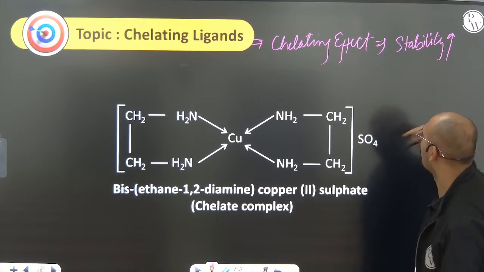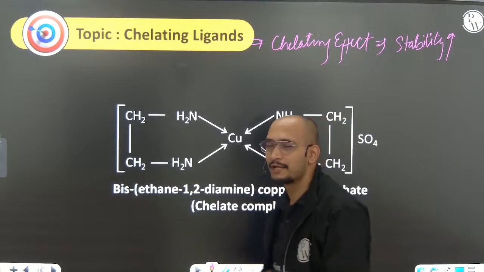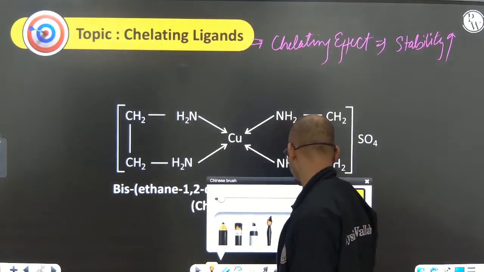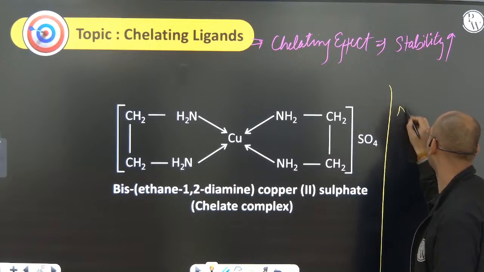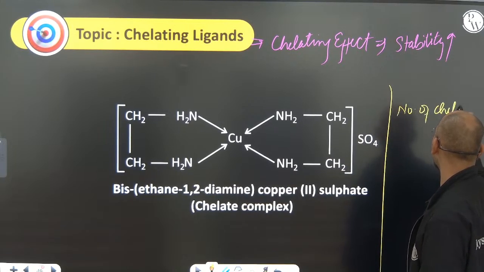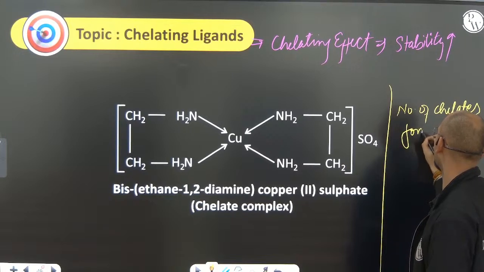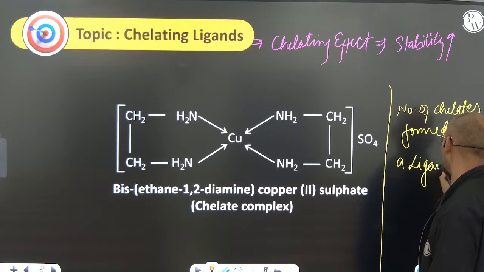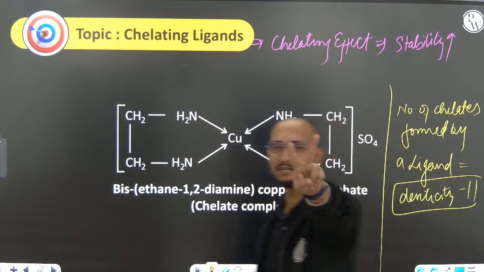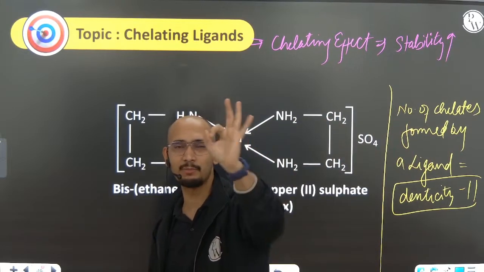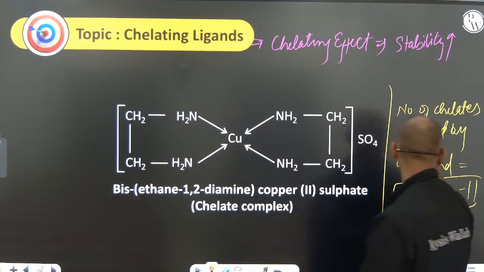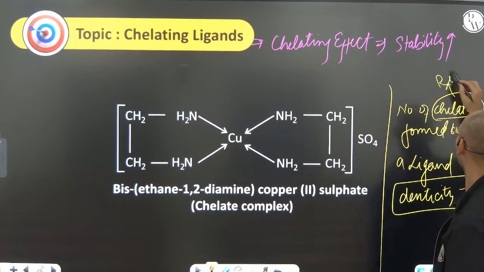Okay. Now, always remember, the number of chelate rings formed by a ligand will be equal to denticity minus 1. If something has denticity 2, how many rings will be formed? 1. So chelate is nothing but it is talking about rings.